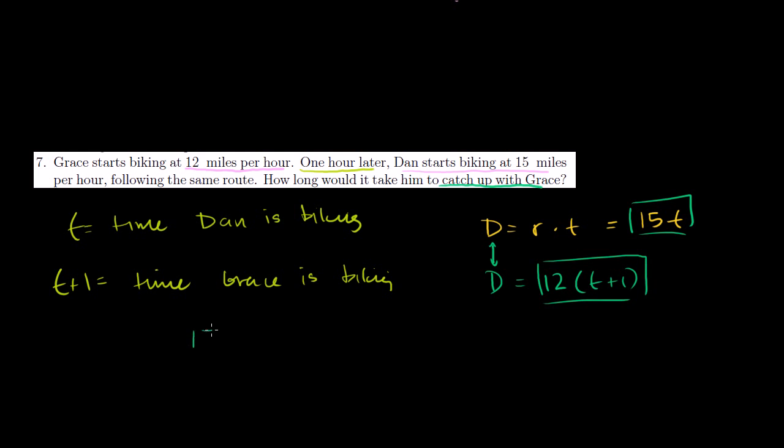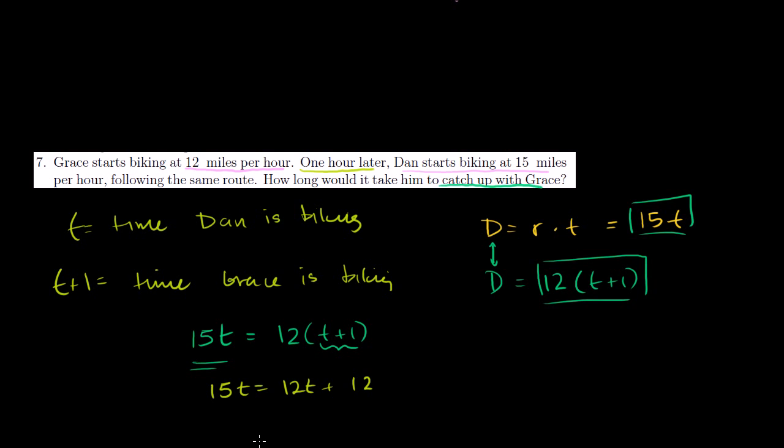So you get 15t is going to be equal to, that is how far Dan has been riding his bike, 12 times t plus 1. That is how far Grace has ridden her bike. And remember, her time is always going to be 1 hour more than Dan's. So let's just solve for time. So we get 15t is equal to 12t plus 12.